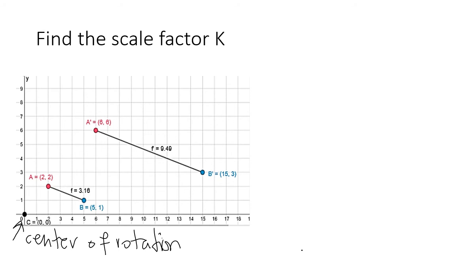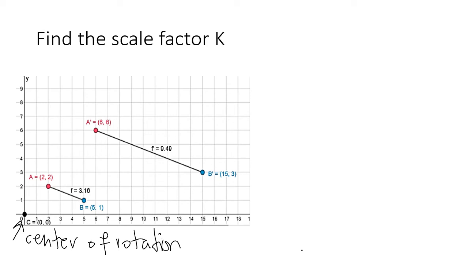So when I need to find the scale factor here, I have two methods. Either I find it by using the coordinates, as we have seen in the previous problem, or you get the length of the segments and divide them by each other.